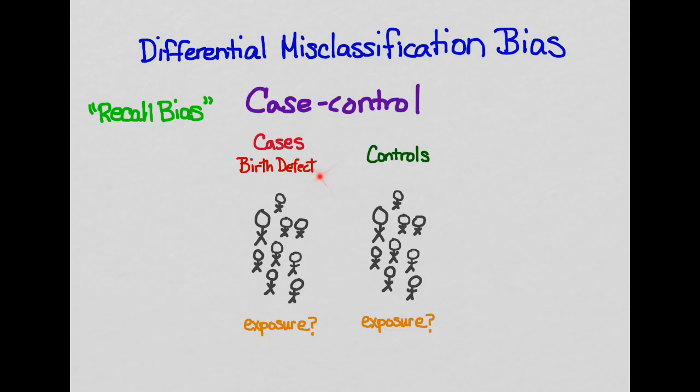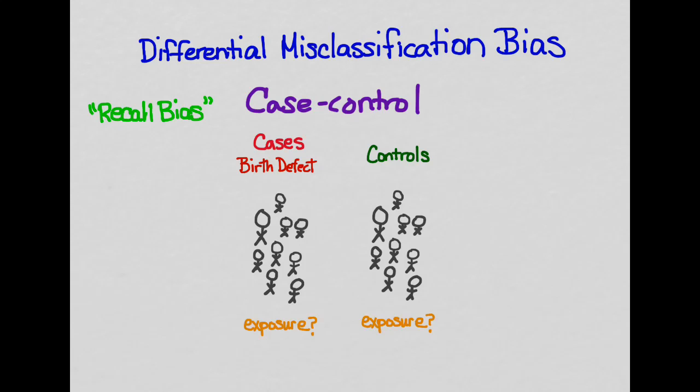And so we have cases, a set of women whose babies were born with birth defects, and then we have a set of control women whose babies were not born with birth defects. And we ask each of the participants to recall a variety of exposures, for example x-rays that they had had before and things like that that might be related to the disease.